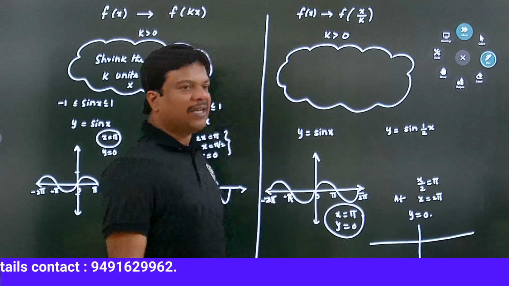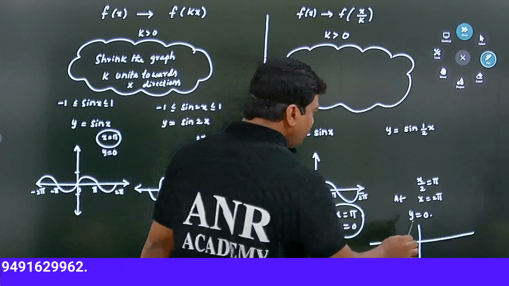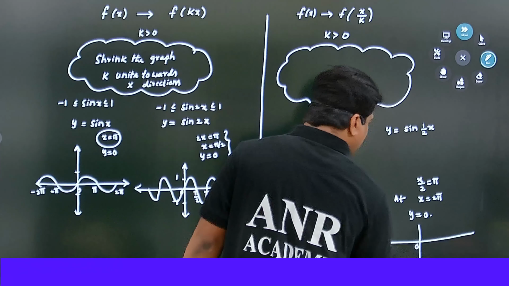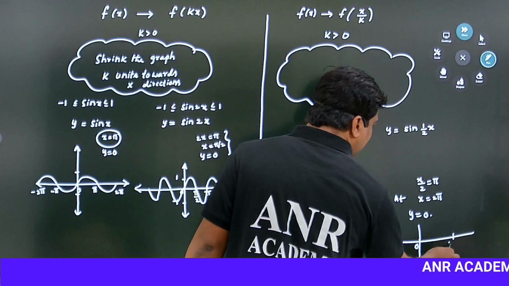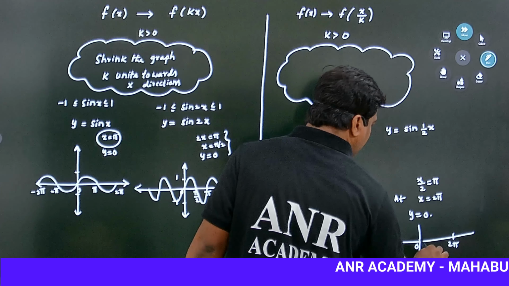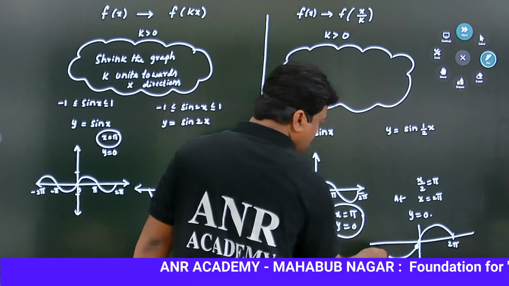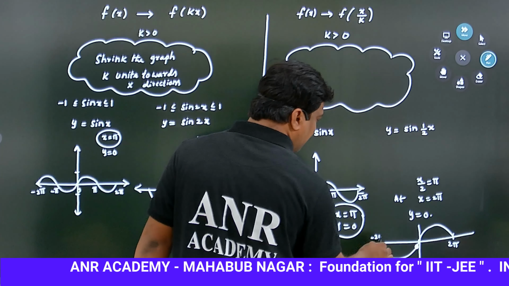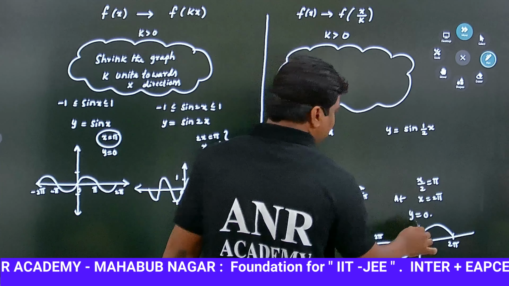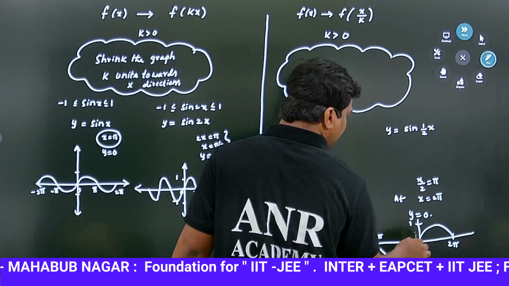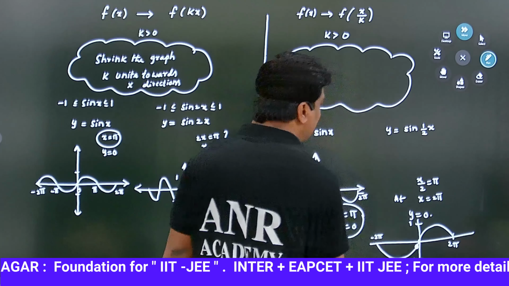The graph of sin of 1 by 2x now. First at 0 it is 0, and then at 2 pi it is 0. Next here it is minus 2 pi, and the range of the graph is again the same, from minus 1 to plus 1.